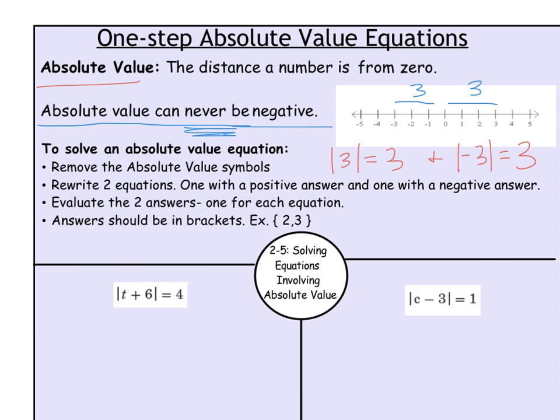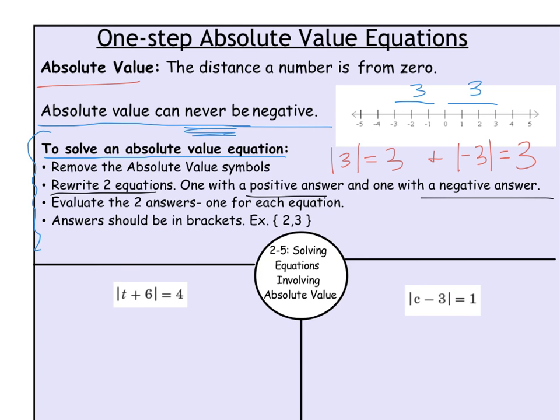Here are your steps. Take a minute and pause, please do that, and write down what the steps to solve an absolute value equation are. Okay? So when we did expressions, we didn't remove the symbols. When we do equations, we're going to remove the absolute value symbols, and we're actually going to rewrite 2 equations, one with a positive answer and one with a negative answer.